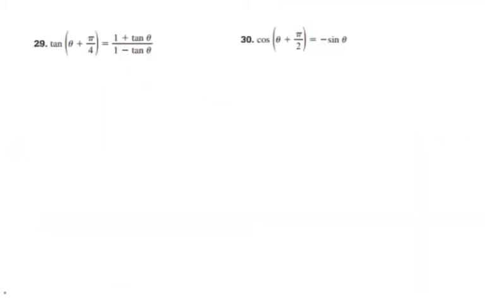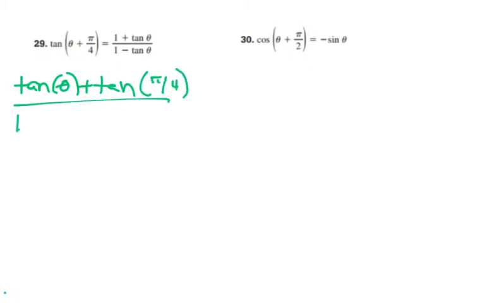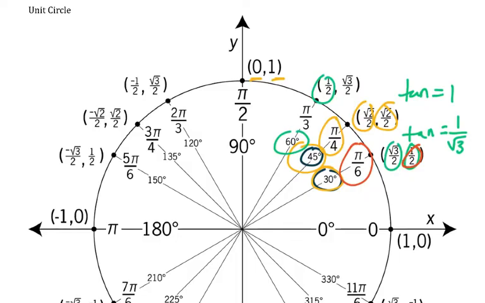Alright, and then our last two here, we've got a tangent of addition. So via our formula, that means tangent of the first piece plus tangent of the second over 1 minus tangent of the first piece times tangent of the second. So tangent of pi over 4 is 1.